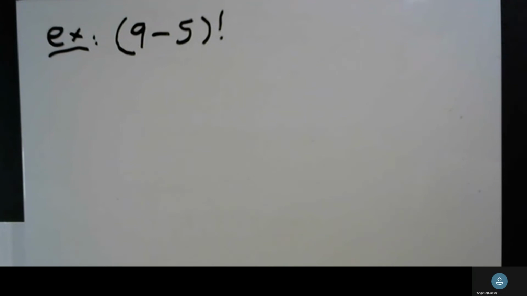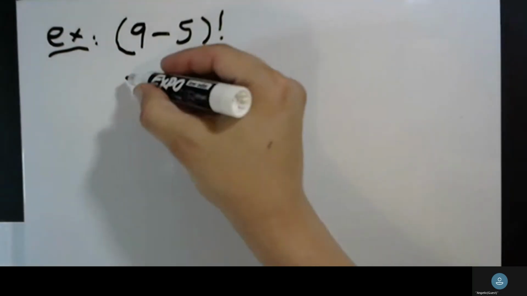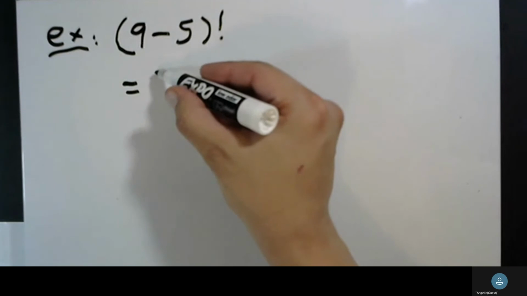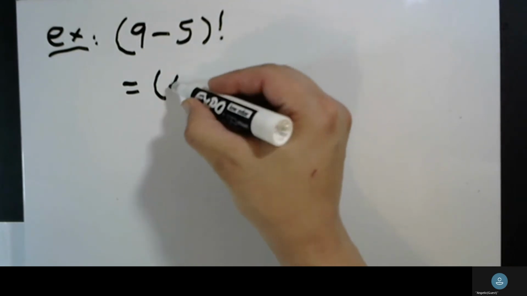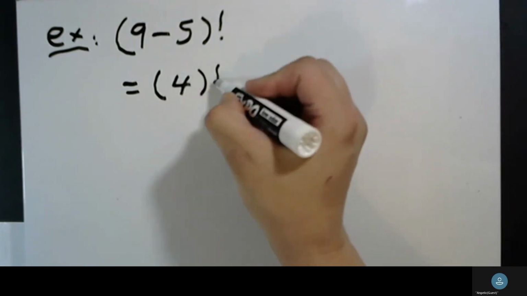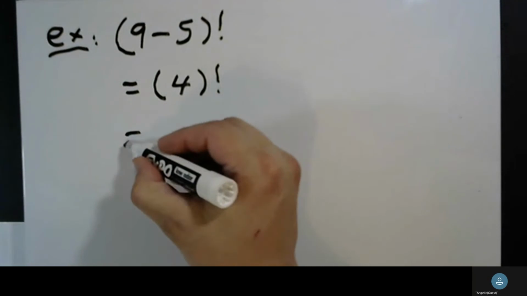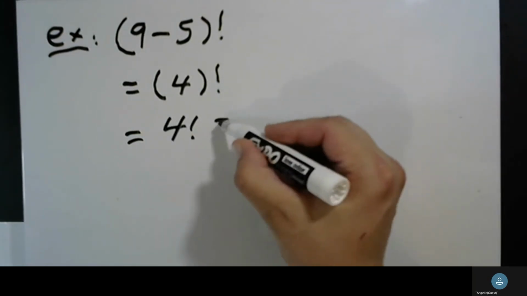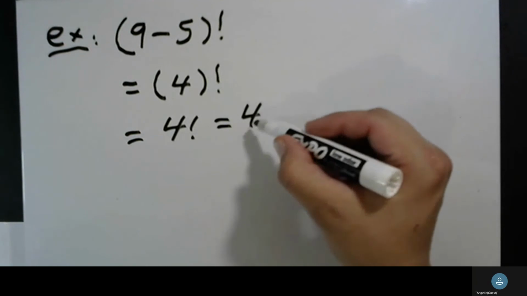Now, the key thing with this, we want to perform the computation in parentheses first. So this is going to be 4 in parentheses factorial, and then we can drop the parentheses. And now we can compute the factorial.